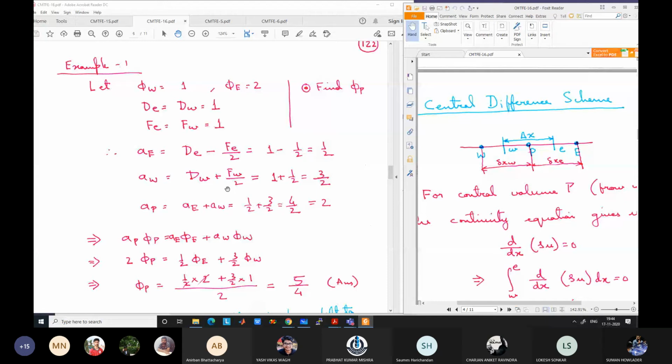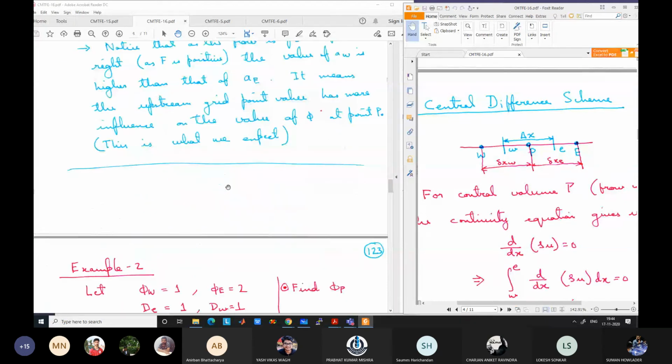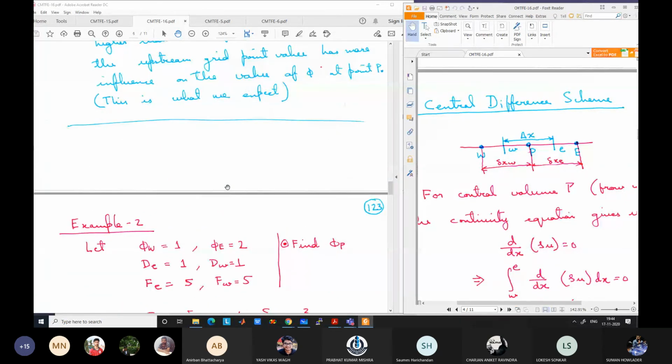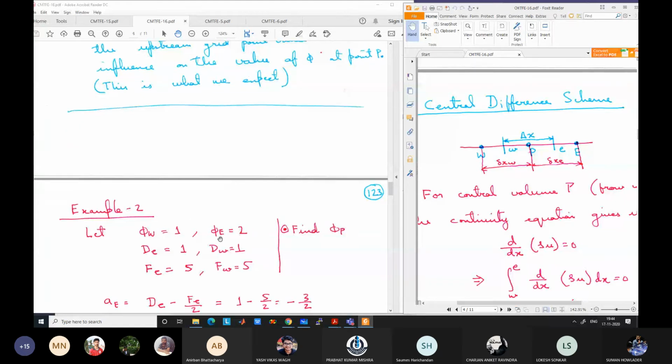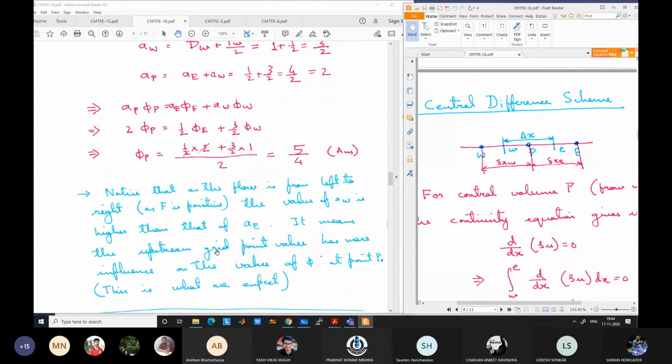Okay. So I will show you another example where deliberately now I have taken other values which do not satisfy the condition. The condition we are going to discuss later. But the thing that you are going to notice here is that the advective strength I have increased, keeping everything else the same. Phi W is 1, phi E is 2, D is 1 for both cases, okay, similar to this.